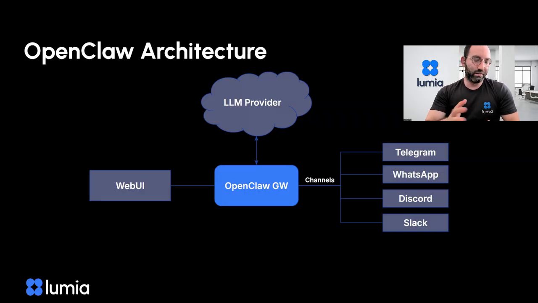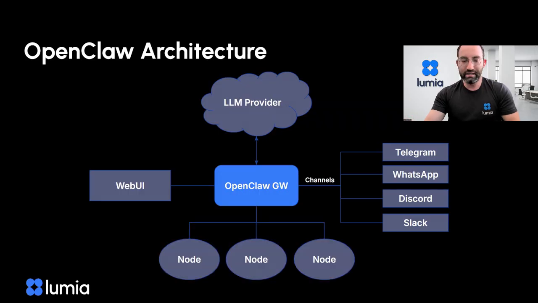Of course, it has the web UI, which we just saw. It has a ton of connectors, and I think what's really novel about OpenClaw is the easy setup, where you can just connect to it from anywhere and send it commands. It also has nodes.